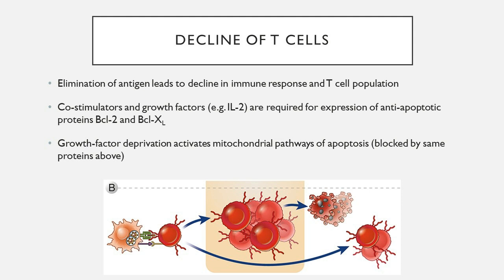Both antigen stimulation and the growth factor IL-2 are required for the expression of the anti-apoptotic proteins BCL2 and BCL-XL. Whenever they're deprived of either of these, then this mitochondrial pathway for apoptosis that is normally blocked by those same proteins gets initiated, and that's what induces apoptosis.